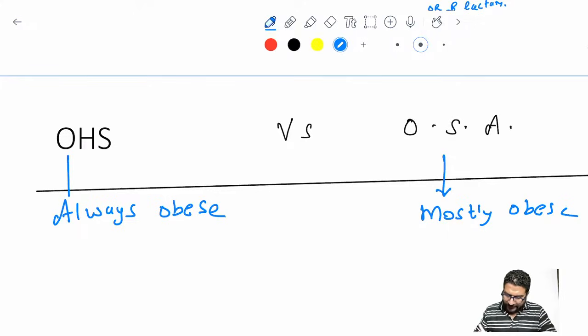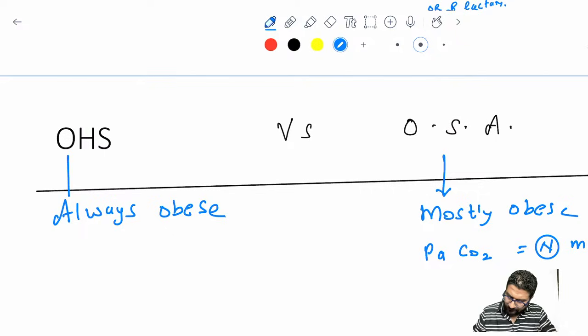Okay, now moving to OSA, obstructive sleep apnea. Understand? In this case, you can notice PaCO2 of the patient. It is normal unless patient is going into respiratory failure.